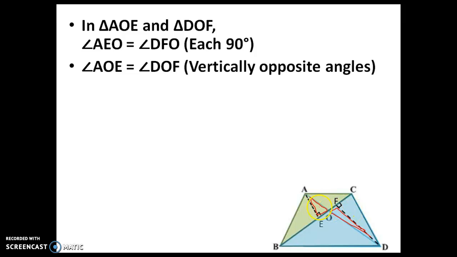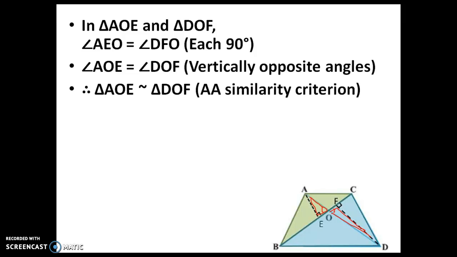Then these two angles, AOE and DOF, are vertically opposite angles. So two angles are equal. So by the AA similarity criterion, these two triangles are similar.